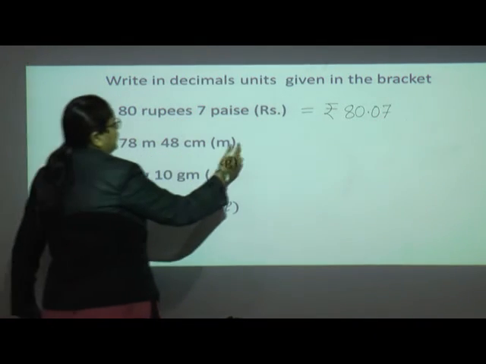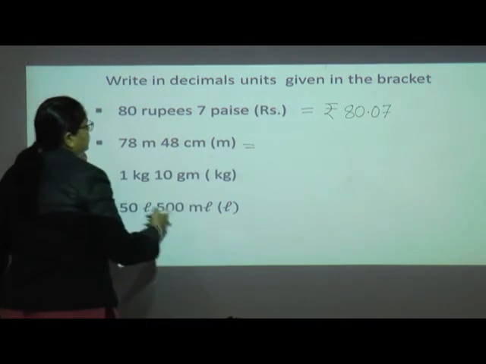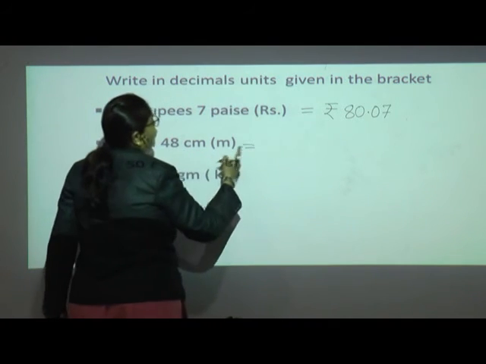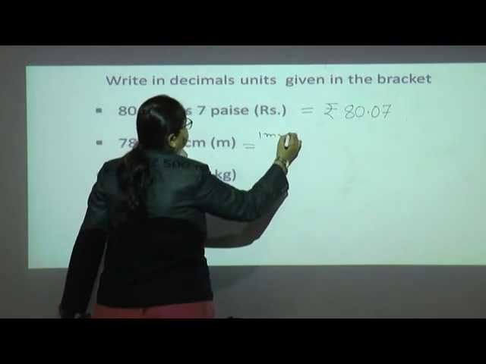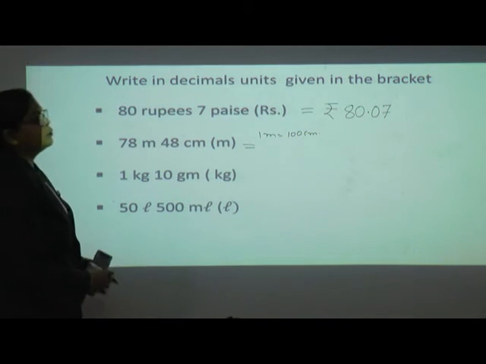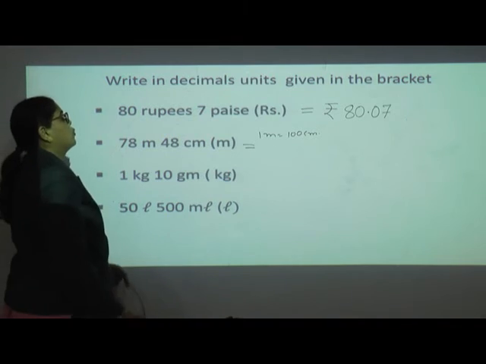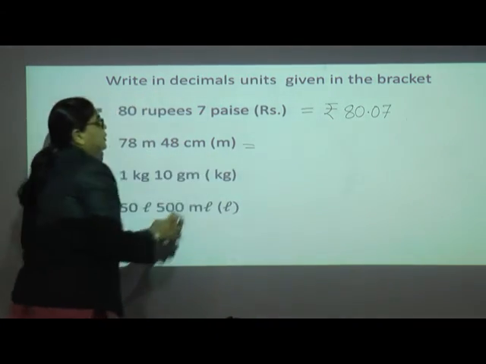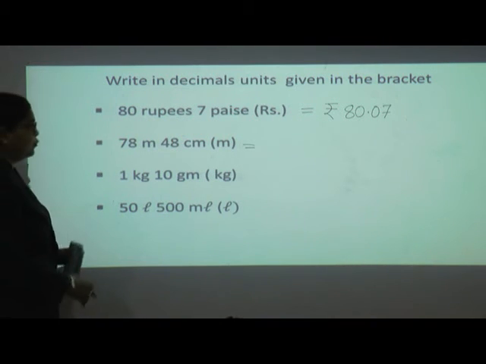Now we have to convert it into meters. So 78 meter 48 centimeter. You know 1 meter is equal to 100 centimeter. So here also we have to divide by 100. If you divide the centimeters by 100, you will get 0.48.